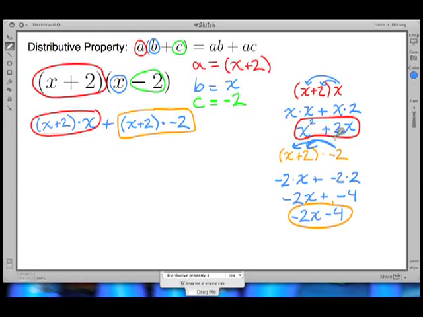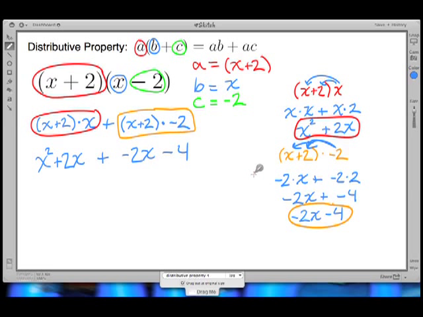So let's write this first over here. X squared plus 2x. That's our red circle. We're adding our orange circle here. Negative 2x minus 4.